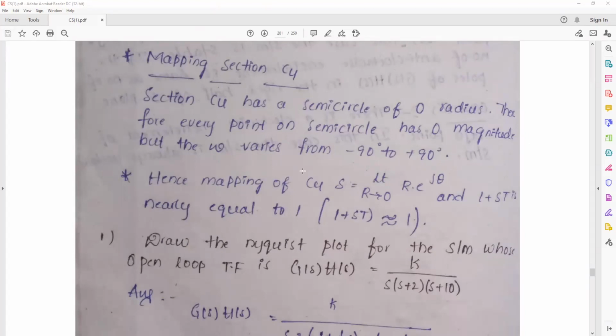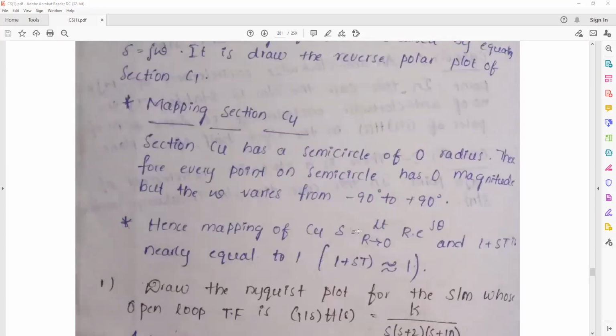Hence, in the mapping of section C4, 1 plus S is taken as 1, and S is the limit r tends to 0, r into e power j theta.